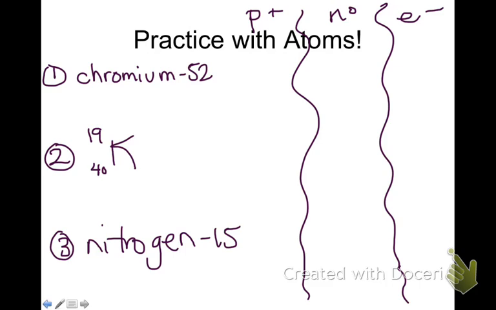Okay. So pause, try to figure out the number of protons, neutrons, and electrons, and then when you're ready, unpause, and you can check your answers with what I have.